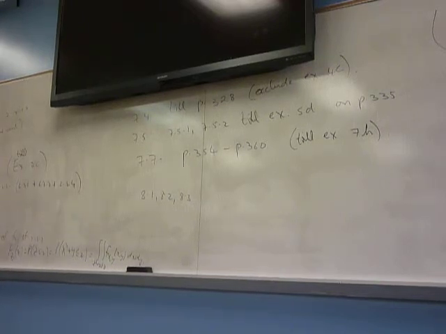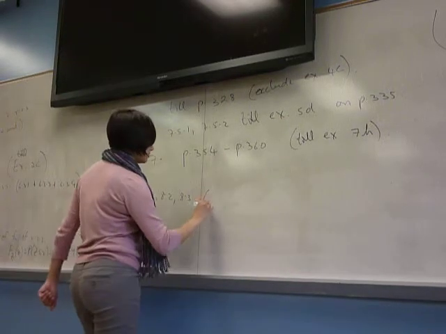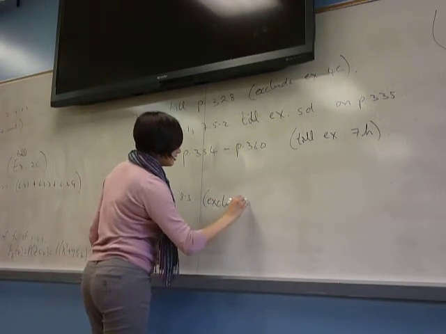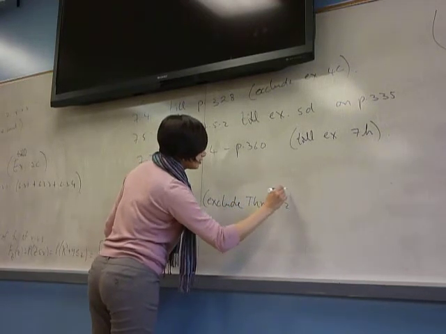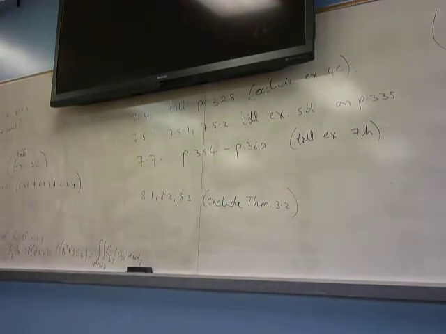And 8.3, exclude theorem 3.2. So that's a different version of the central limit theorem where you don't require identical distribution.